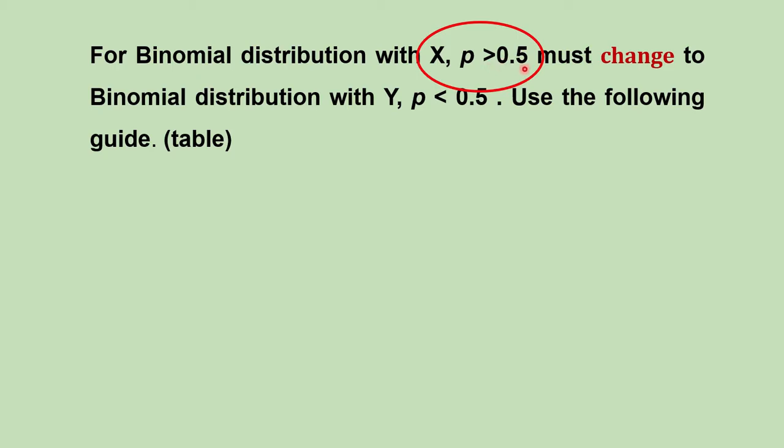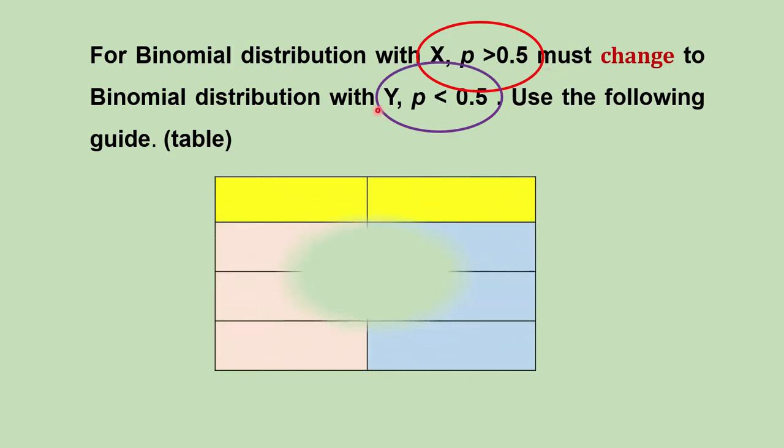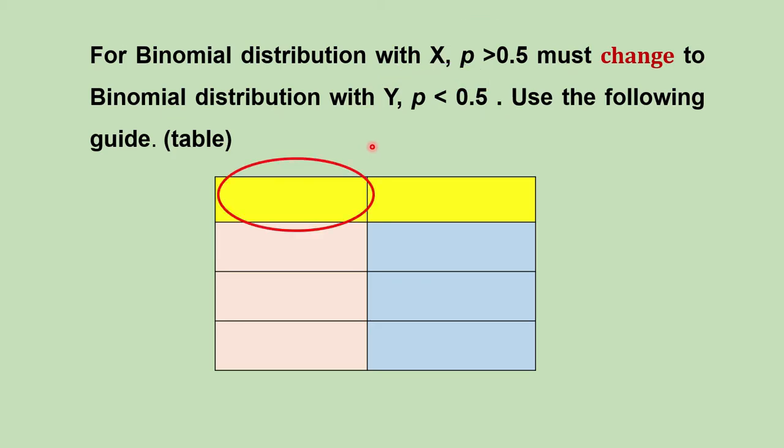In order to use the table, you need to change to binomial distribution with random variable y. So, when you change to random variable y, p is less than 0.5. The following table will help you to understand.